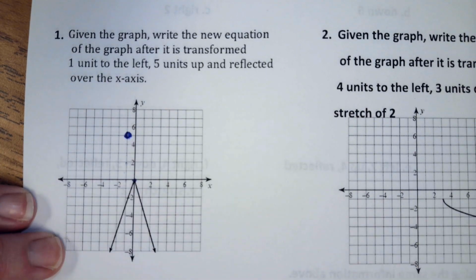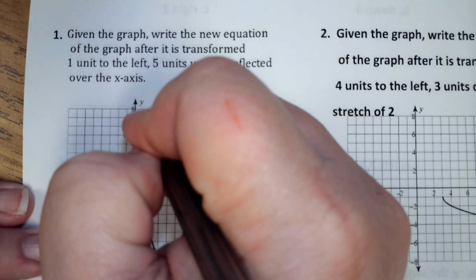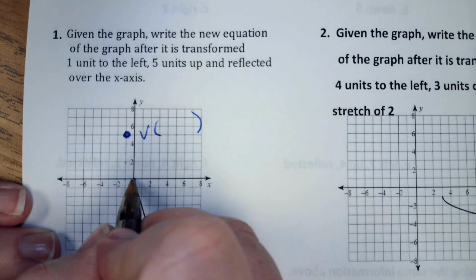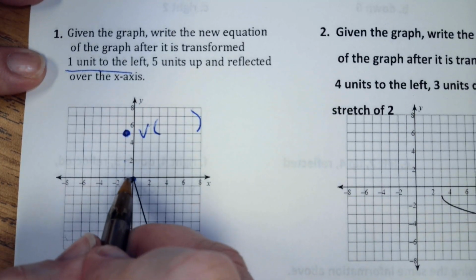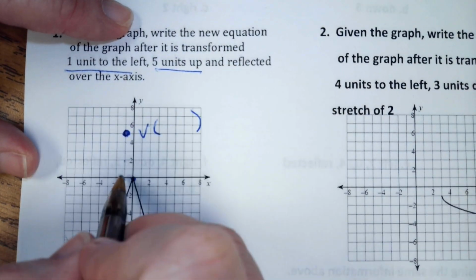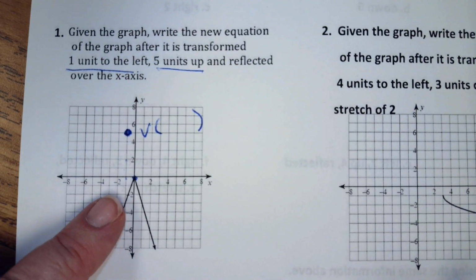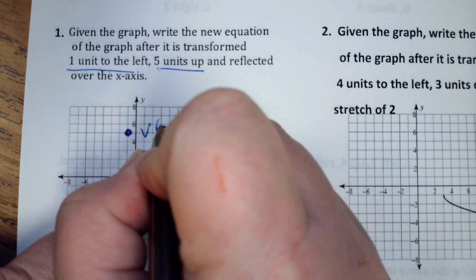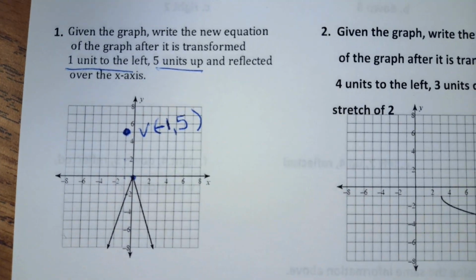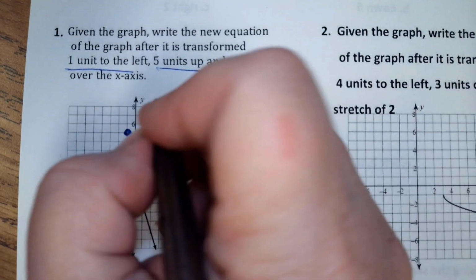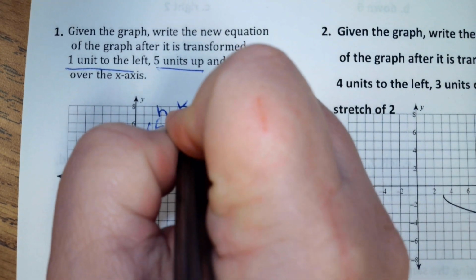That is the new vertex. So again, we took our original vertex, moved it to the left 1, and then up 5. All right, so what is that new vertex? -1 and 5. That is our H and our K.